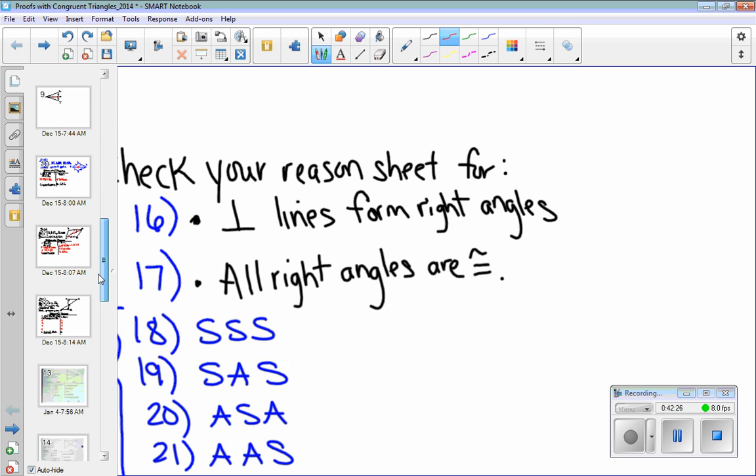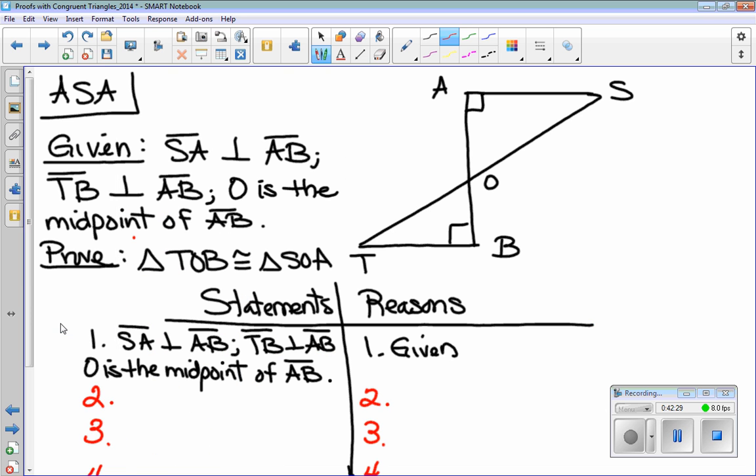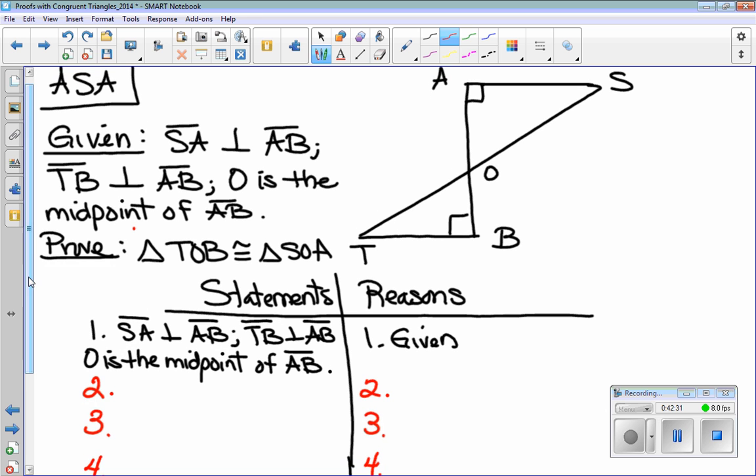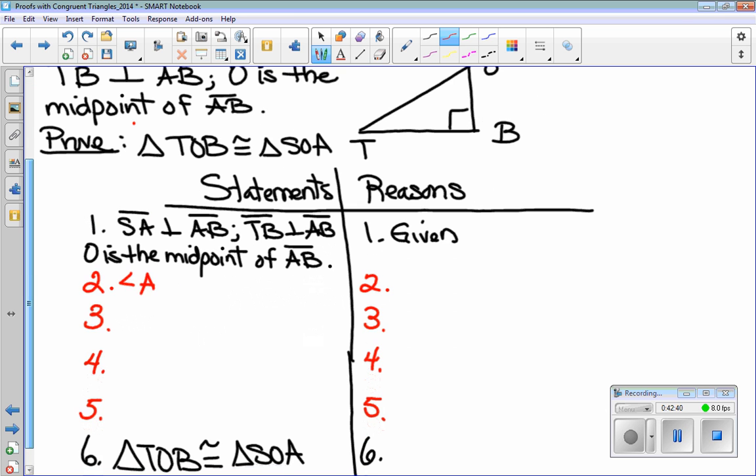So let's do that. So in our proof here, let's see what are the right angles. Wouldn't you say angle A is a right angle and angle B is a right angle in this case? So let's say that. So angles A and B are right angles. How do I know that? What's the reason I can say that the angles are right angles? Because, what does the reason sheet say? Perpendicular lines do what? Form right angles.